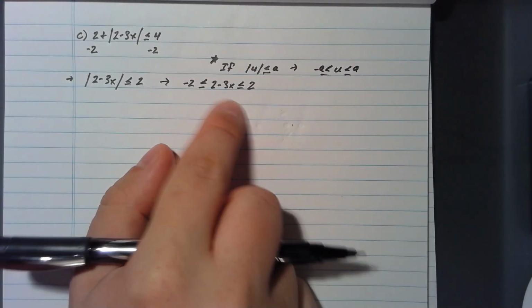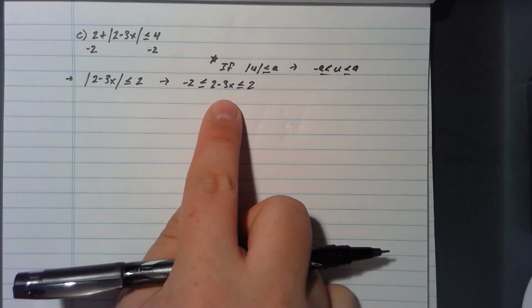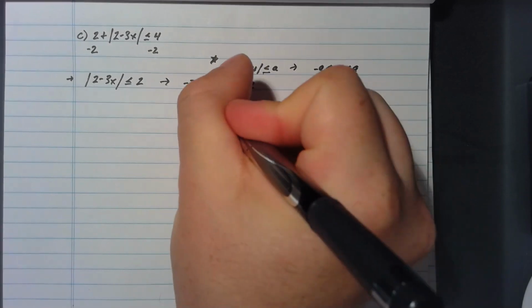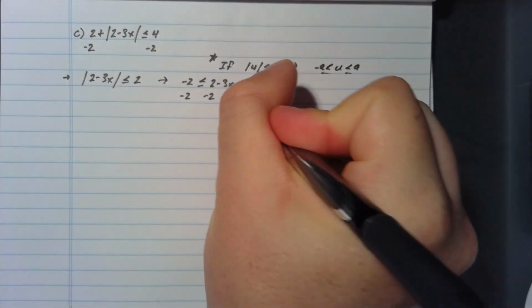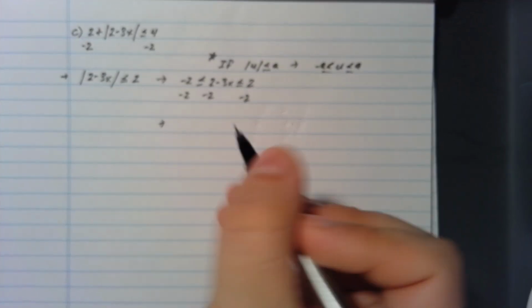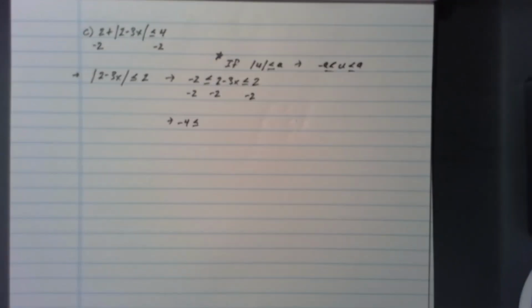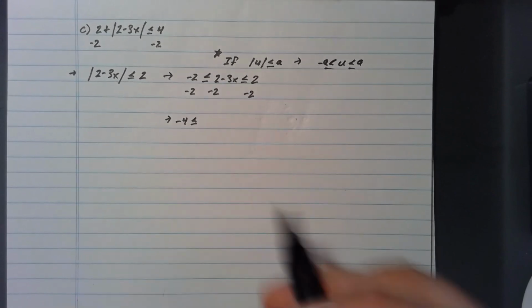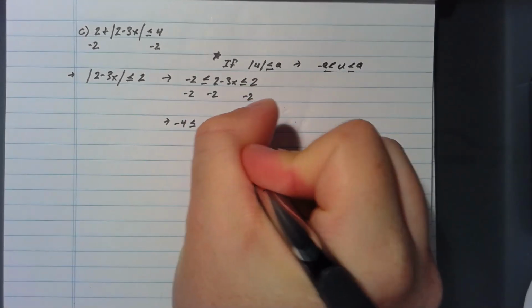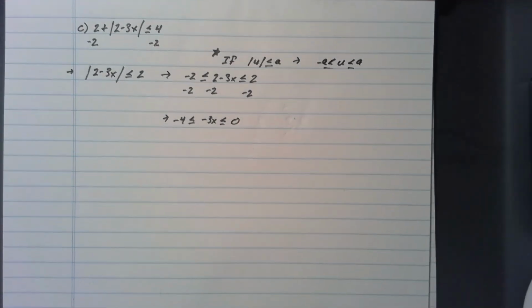So rewriting this like this is the same thing. And now we know how to solve this. This is a compound inequality. We just did that in letter B. So from here, it's pretty familiar. Subtract 2 from all three sides. Negative 2 minus 2 is negative 4, less than or equal to negative 3x, which is less than or equal to 2 minus 2, which is 0.